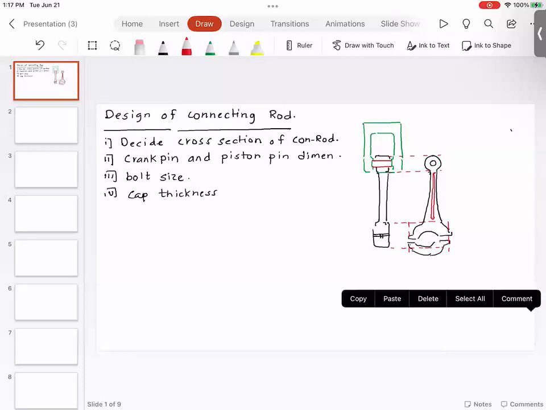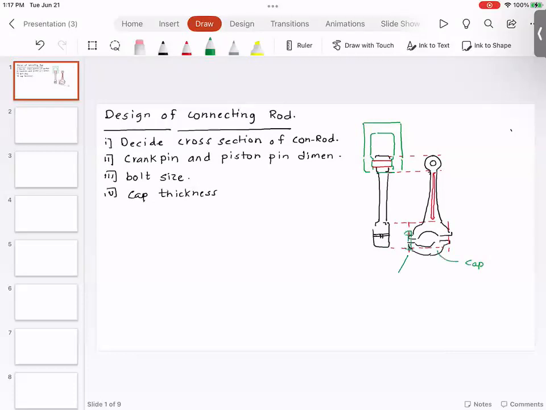So this is cap. The bolt. This is the cross section. This is the piston pin. This is the crank pin.